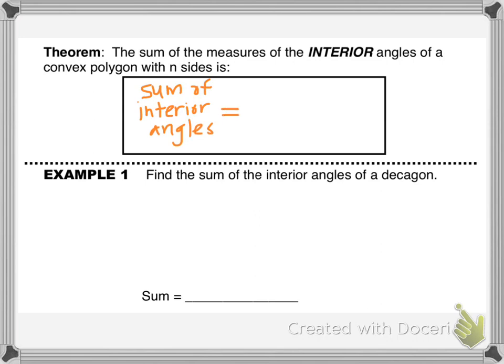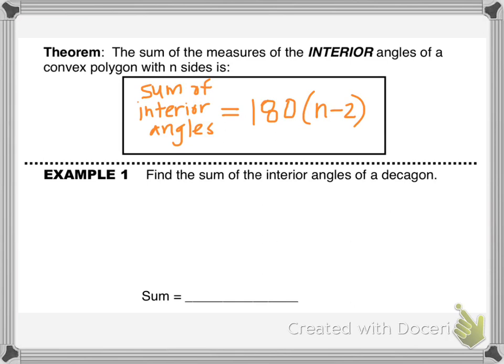If you replace n with the number of sides, subtract 2, and multiply by 180, you will get the sum of all the inside angles.